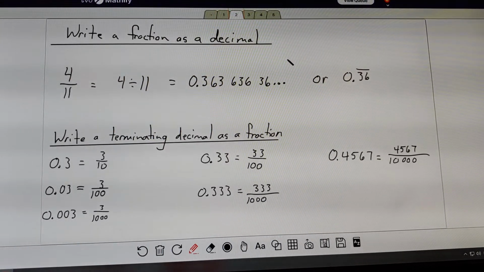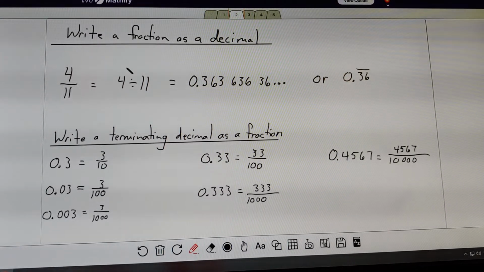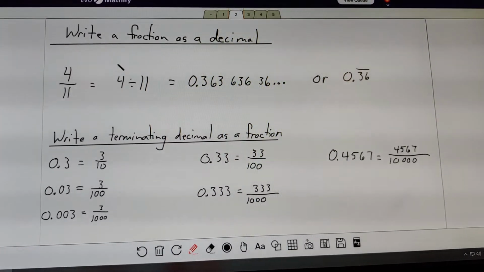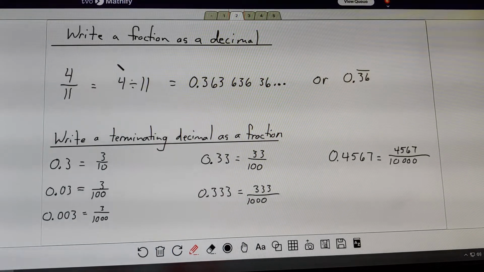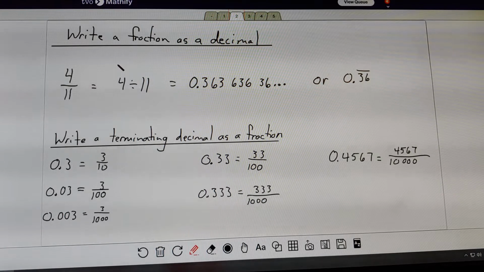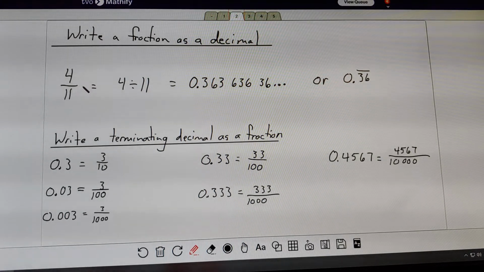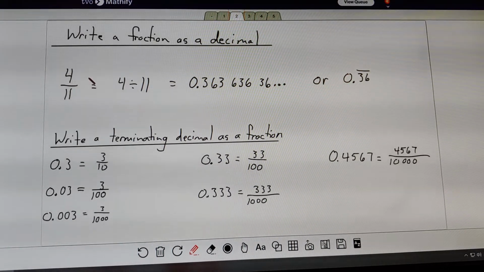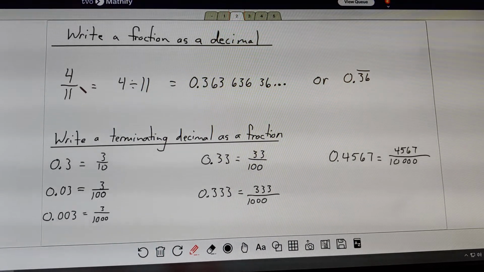So one of the first skills that you'll be asked to do on this page is to switch between a fraction and its decimal. And again, I've been prompting you with this since I think the second day of school in September. I'm always saying to you, what does this line mean? And you're getting pretty good at it. You're always saying it means divide.